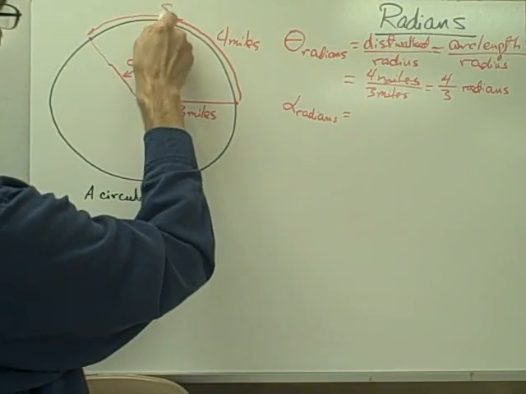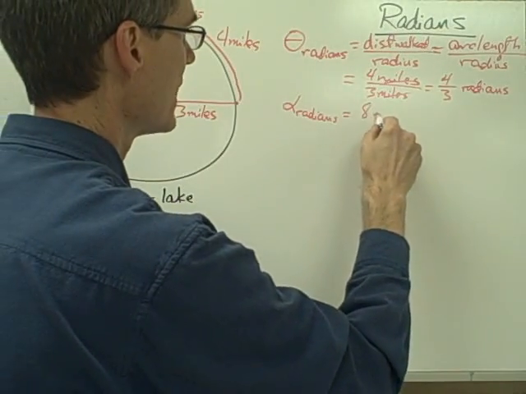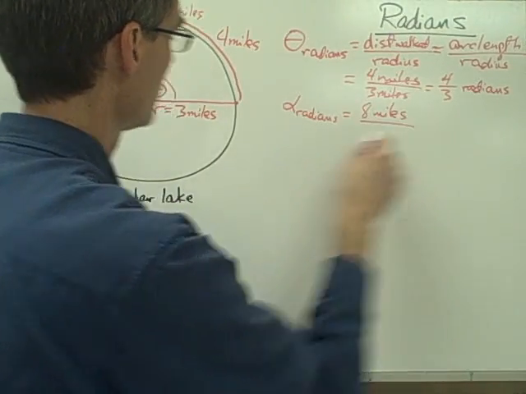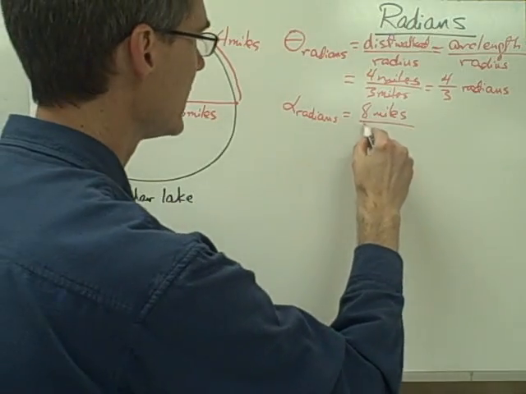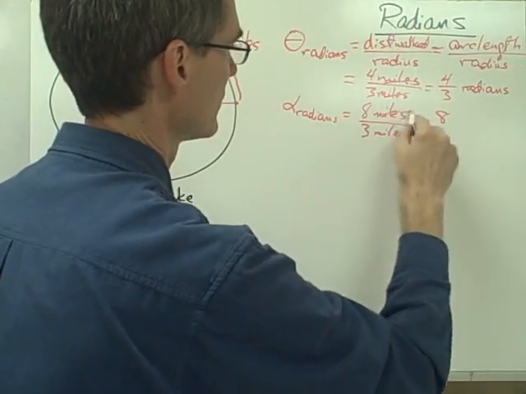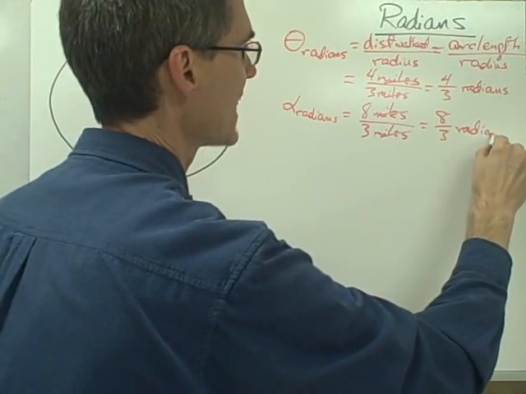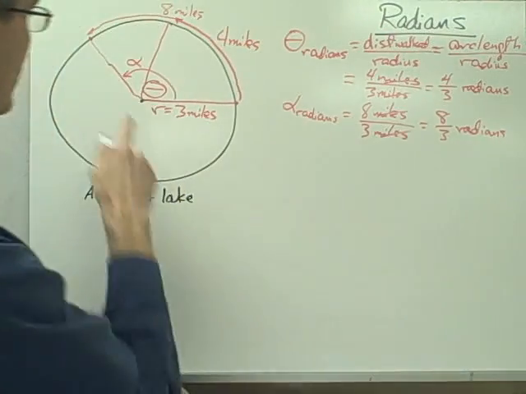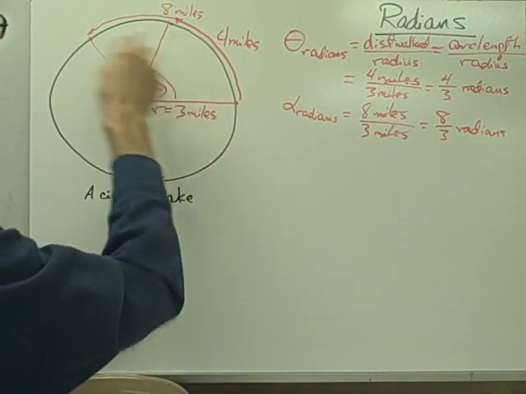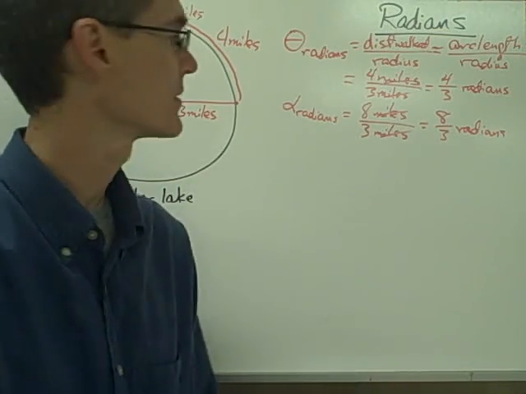Well, the distance I walked is 8 miles. My radius, the radius of the lake, again, is 3 miles. The miles cancel out. And so the measure of this angle alpha, for an 8-mile walk, in radians would be 8/3 radians.